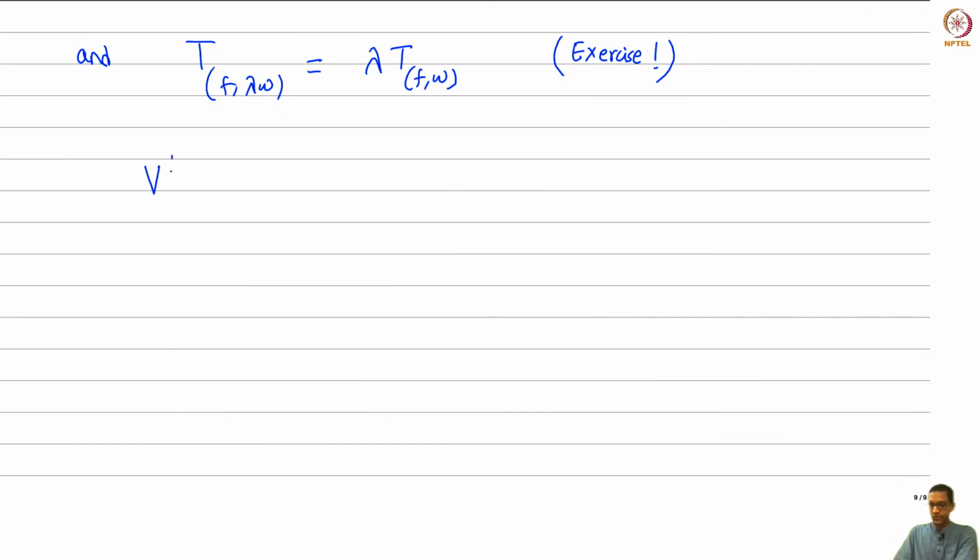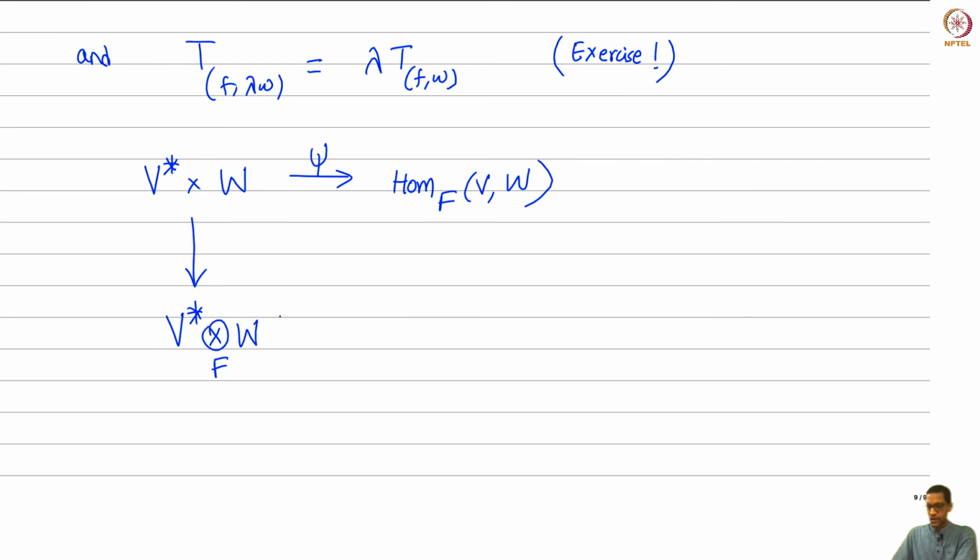It tells us by the universal property that I have a map from V star cross W, which I called psi, to the space of homomorphisms, and now by the universal property I know that there exists a unique map psi tilde, which makes this diagram commute.